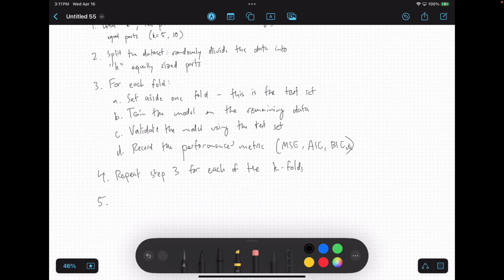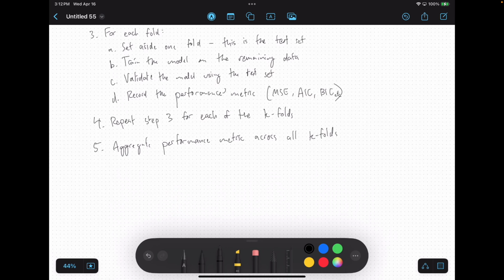And 5, aggregate performance metric across all K folds. Okay.